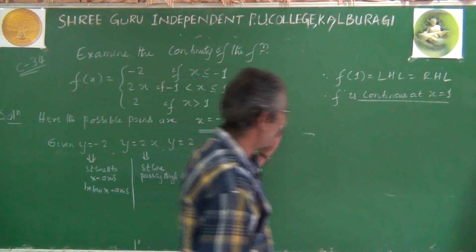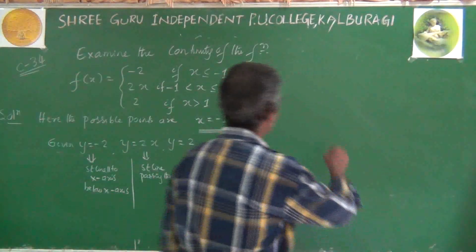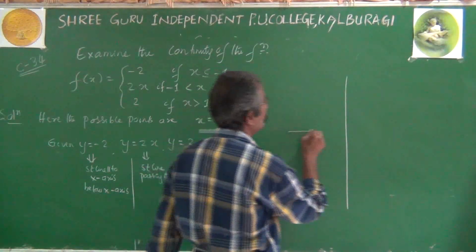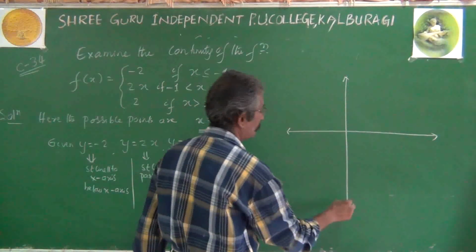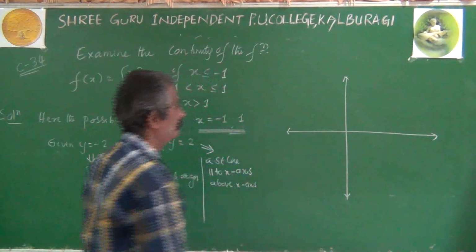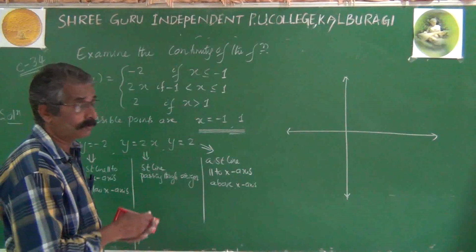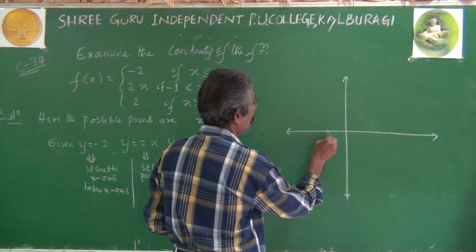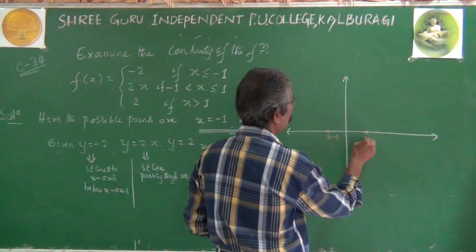So keeping all these facts in mind, let's draw this function's geometrical shape. What we have: x less than or equal to minus 1. So this is the point x equal to minus 1. This is the point x equal to plus 1.